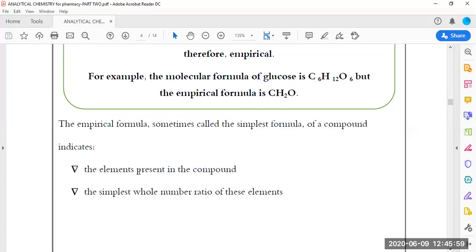So that's point one: the empirical formula tells you the elements present in the compound. And it tells you the simplest whole number ratio of these elements. So it is 1 to 2 to 1. It doesn't mean the glucose molecule is only one carbon, two hydrogens or one oxygen. No, it's just giving you the ratio between them. And as I said before, the actual formula is C6H12O6.